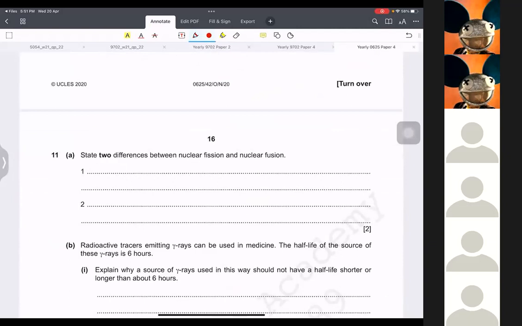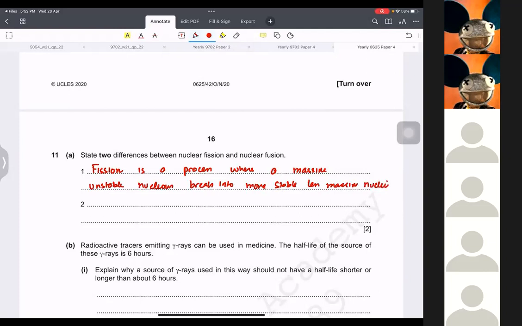Now, what is fission? What is fusion? You just need to remember. Fission is a process where a large, or instead of writing large, write massive, unstable nucleus breaks into more stable, less massive nuclei.